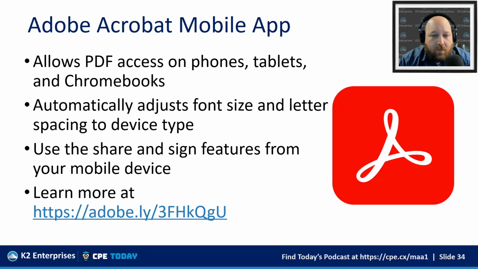And it's a great tool for being able to manage and read these documents. You can do things like automatically adjusting the font size, changing the colors so that you can read it a little bit more. You can invert the colors, I believe. You can also use share and sign right from your mobile device as well. And this is a free app. And if you happen to have the DC subscription, once you log into your app, it even unlocks more features and functions right away.